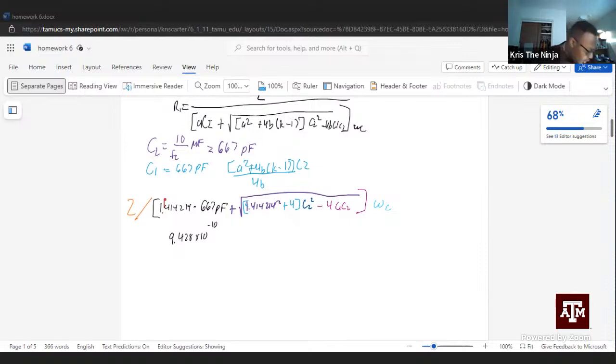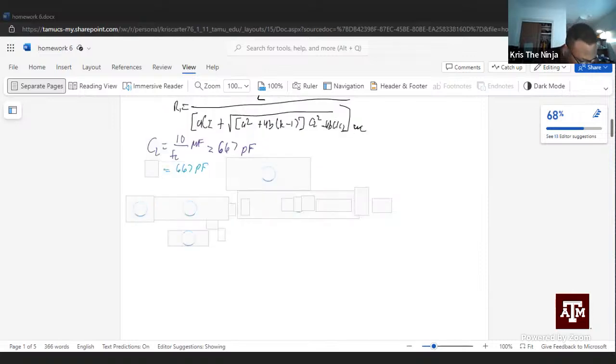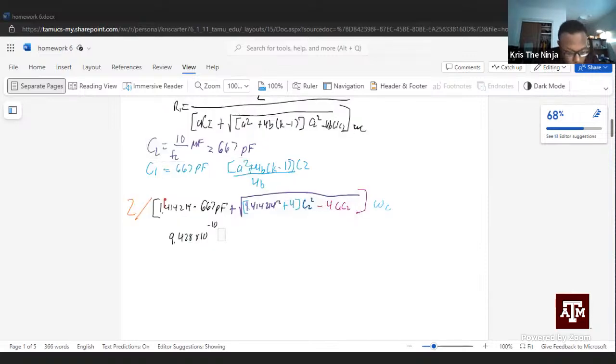So now that is being added in purple. So A squared plus 4 times, that gives 6.00001238. That is in brackets multiplied by C2 squared.